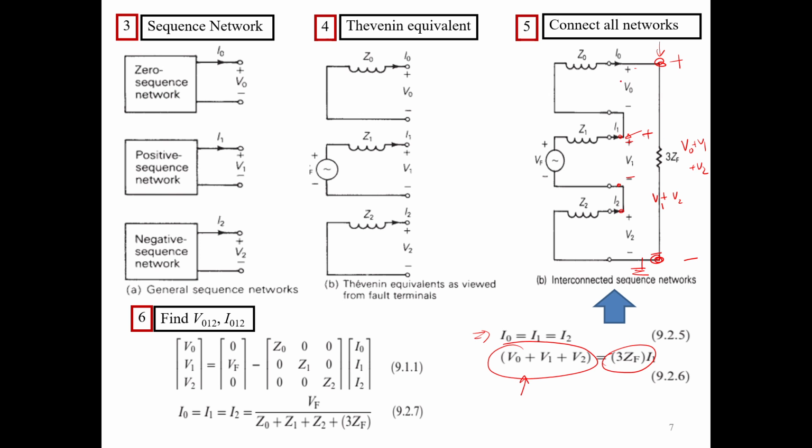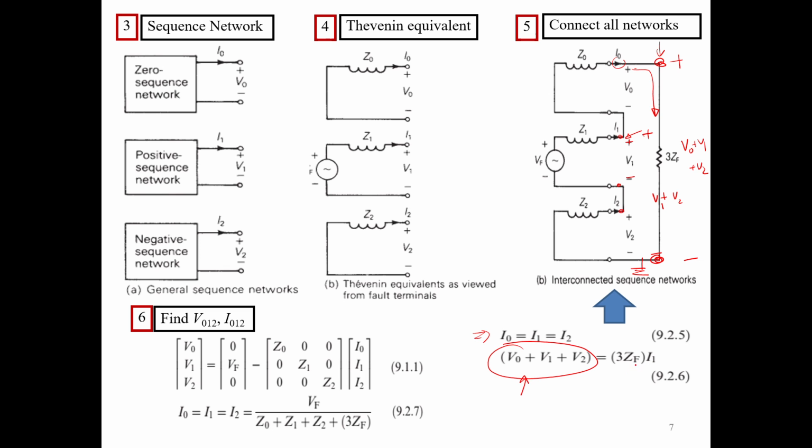So now you can see that the current I0 is flowing through a certain resistance. Now, I0 is the same as I1, so there is no harm that I could replace this by I1, right?